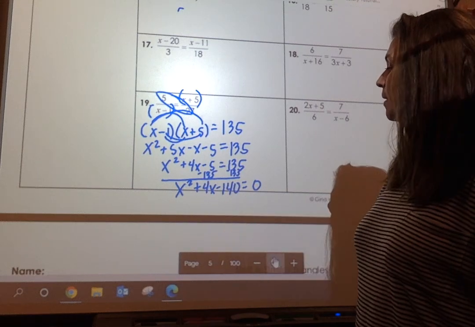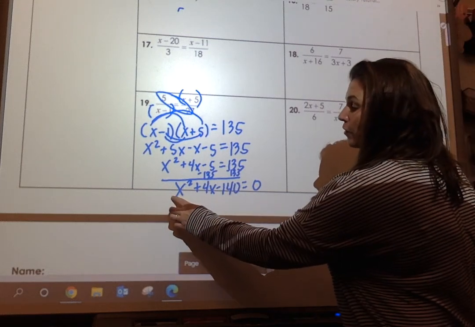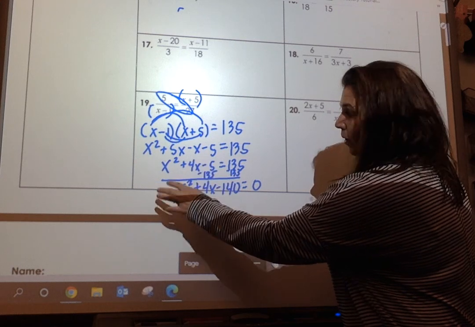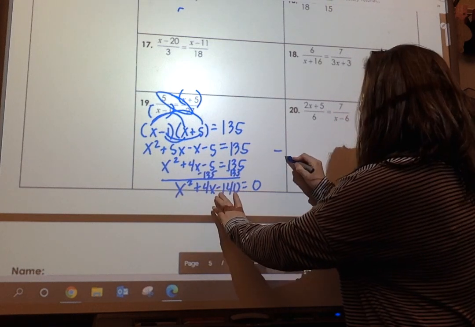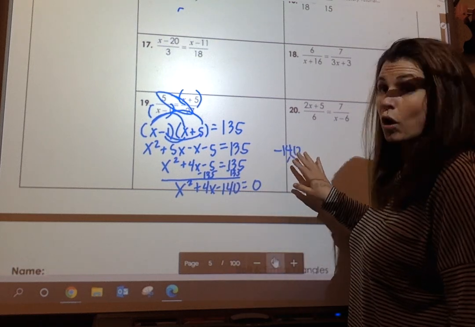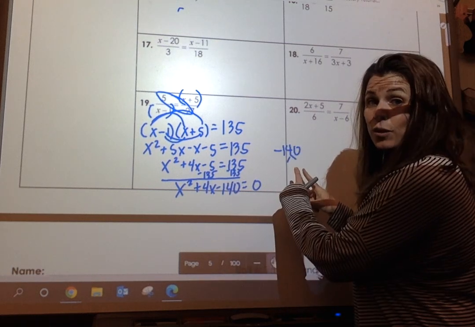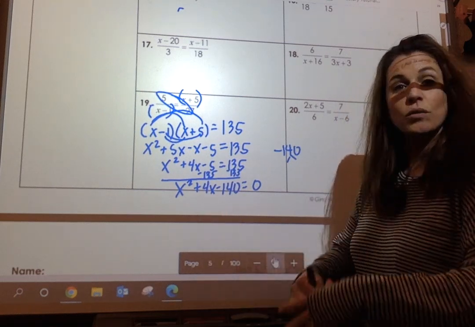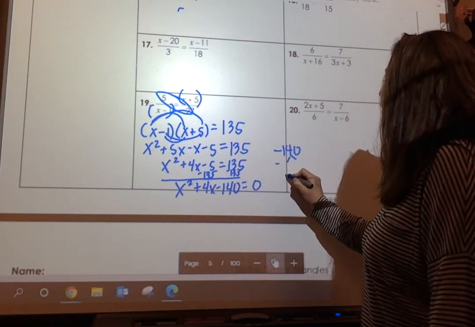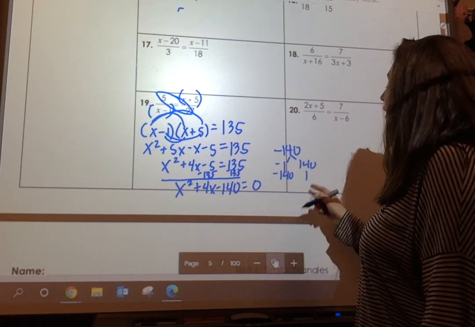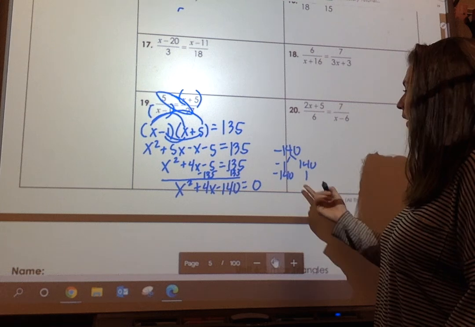So when you have something like this, remember when we factored, this is a basic trinomial. So 1 is in front of x squared, so I do 1 times negative 140, and I get negative 140. Now I'm looking for two numbers that when multiplied together give me a negative 140, but add to give me this positive 4. So you can go through the list. Negative 1, 140, negative 140, and 1. You know it's not going to be somewhere around there.